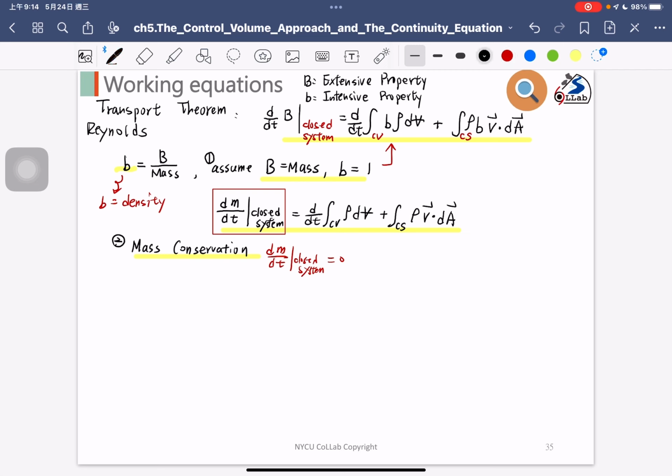The equation can be rewritten as d/dt of the integration of rho dV, plus, along the control surface, rho v vector dot product with the cross-section area vector, equals 0. That's the equation I show here. We call that the continuity equation.